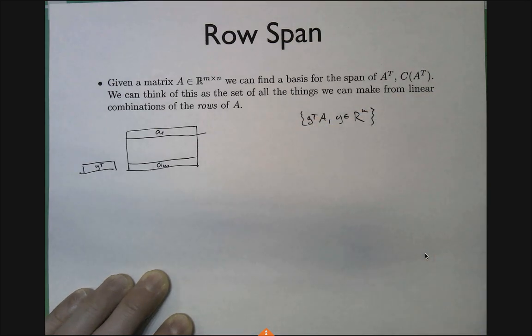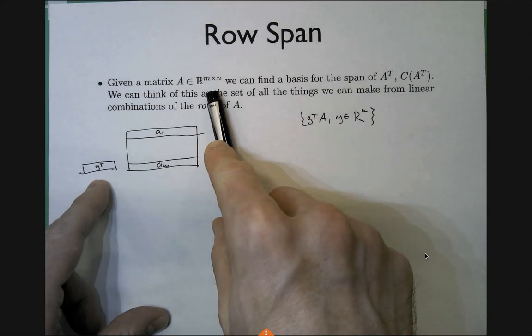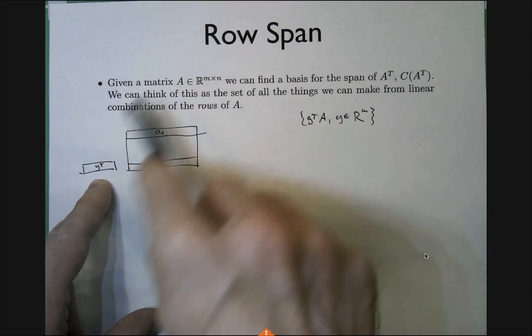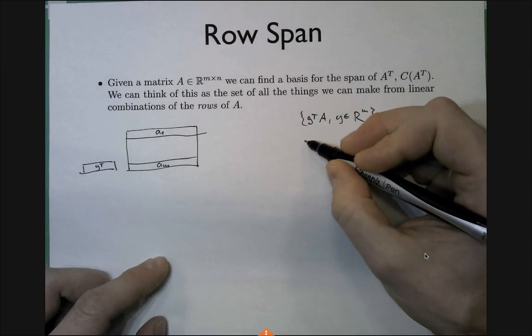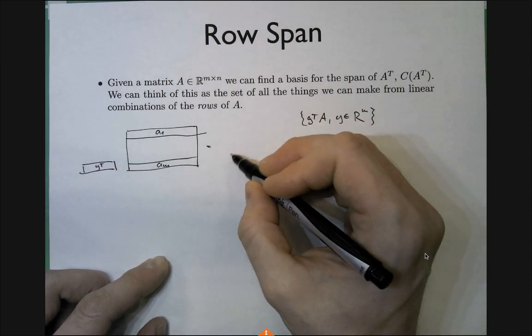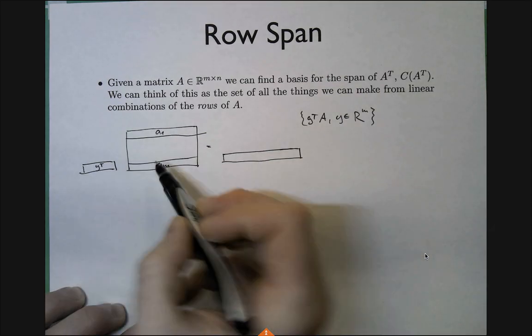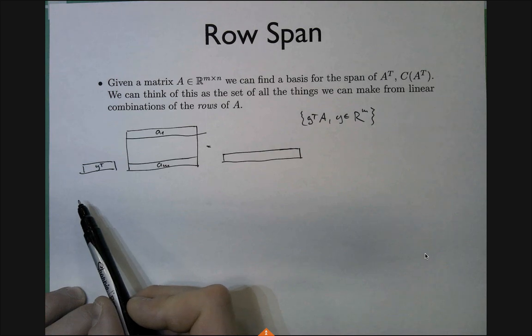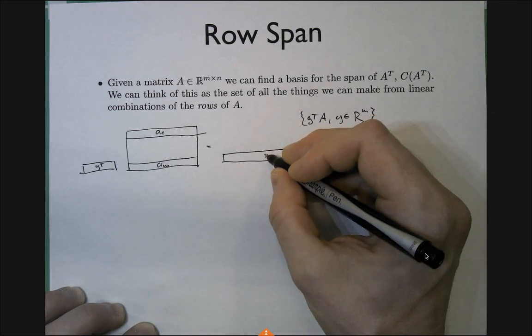And again, it's easy to see that this is a subspace of R^n in this case, right? Because, by the way, this gives me a row vector, right? Because I'm multiplying the matrix with the row vector from the left, it gives me a row vector back, right? So this would be some, I don't know, x or whatever.